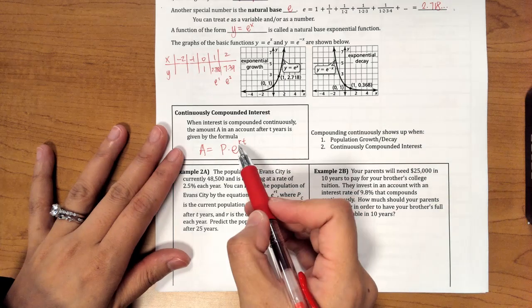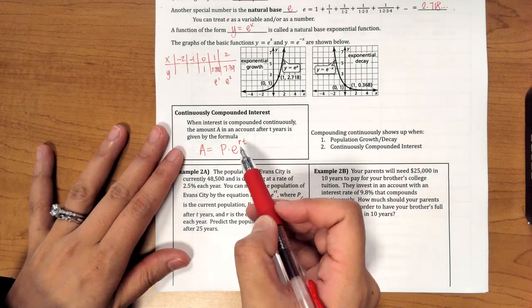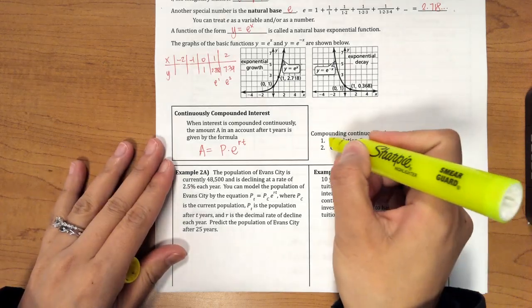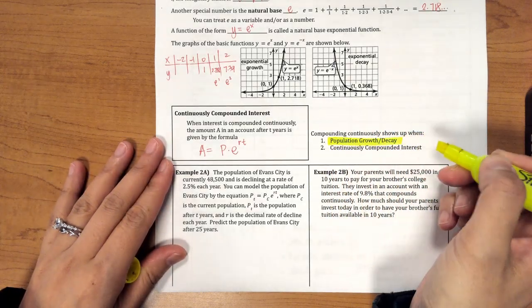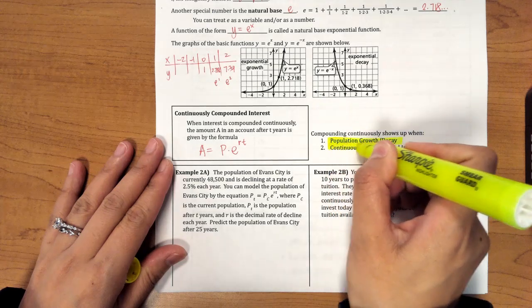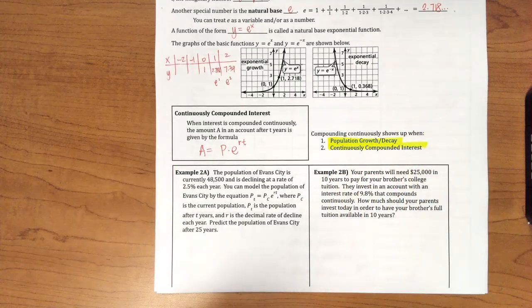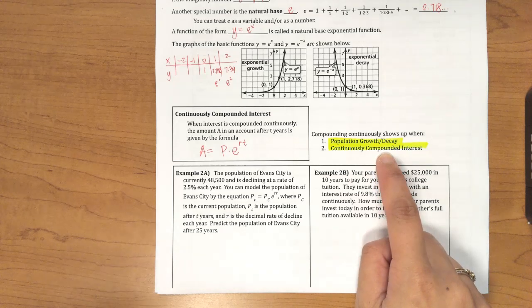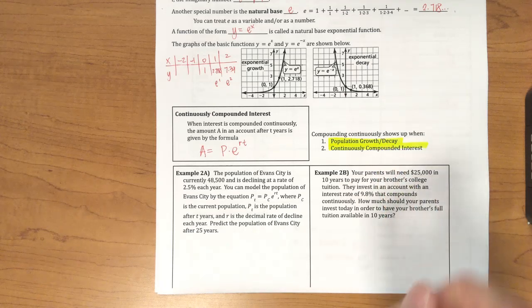So the only difference is that the rate has been bumped up now. Okay, and e is a number. This happens in two situations: when population grows and decays, and when you are continuously compounding interest. The second one is really easy to pick the correct formula because I literally have to write that your interest is compounded continuously. The one on the test that gets people is population growth and decay.